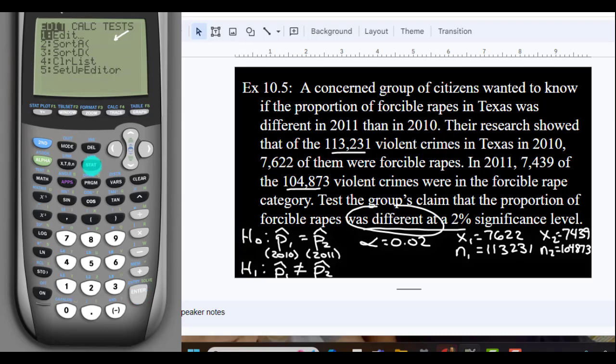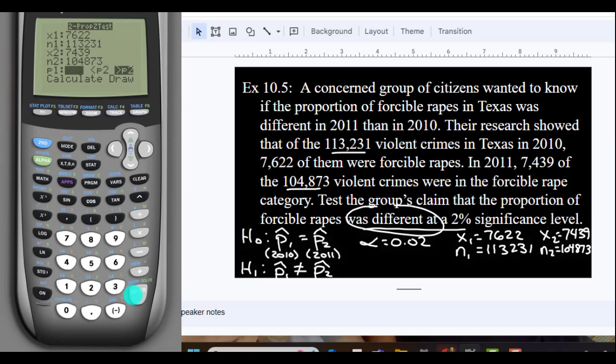Let's go to stat. Let me erase that check mark. We're going to go over to tests. We're going to select 2 proportion z-test, and X1, 7622, N1, 113231, X2, 7439, N2, 104,873.